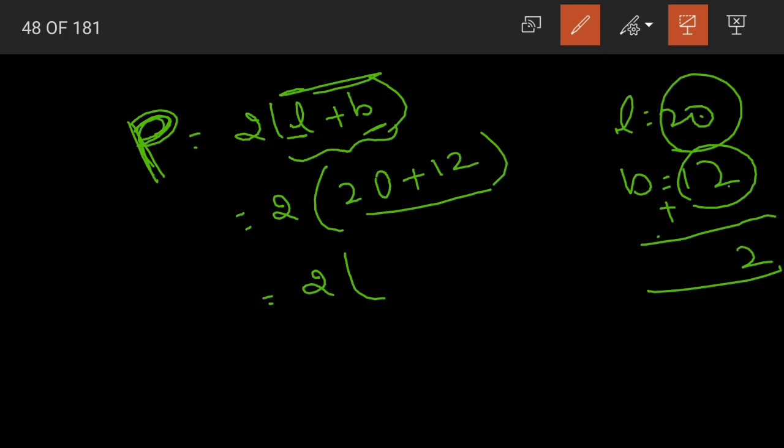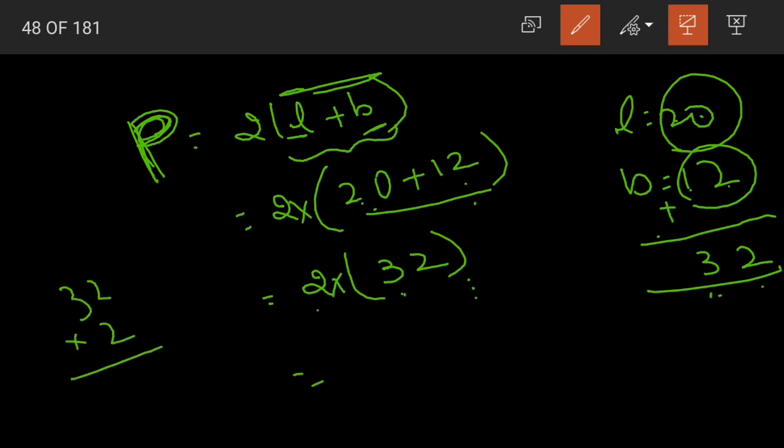0 plus 2, 2. 2 plus 1, 3. 32. The sum of length and breadth is 32. Yes, now what should we do? We should multiply 2 into 32. 2 2s are 4, 2 3s are 6. 64.